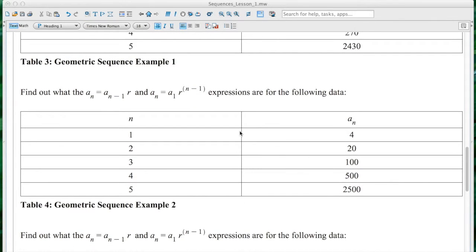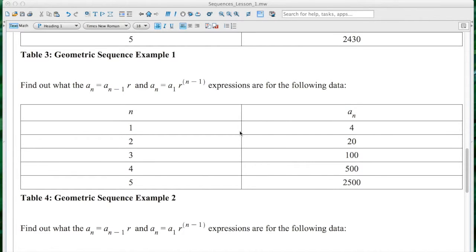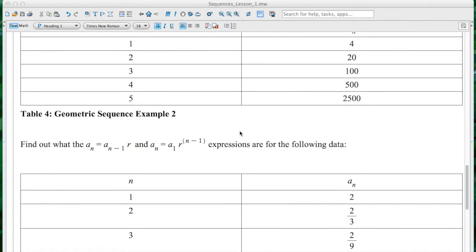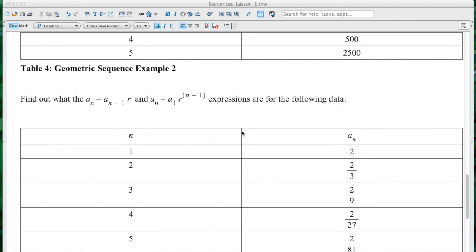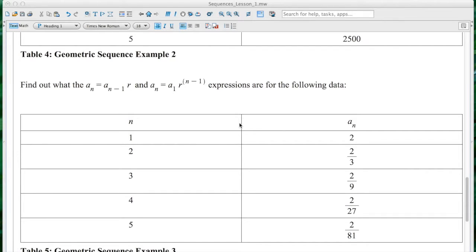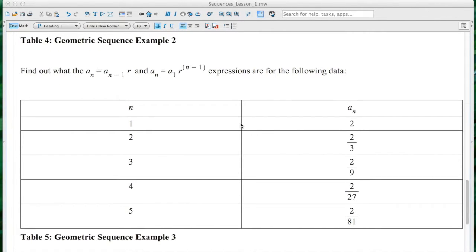Okay, we're going to do one more sequence. This one's a little different. Here is our sequence, our last sequence. Try to compute the recursive and closed form expressions for this sequence.